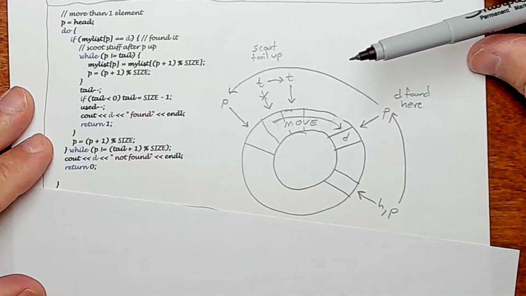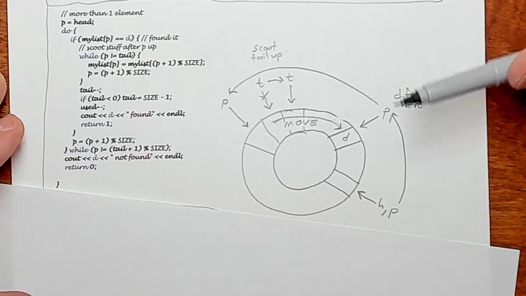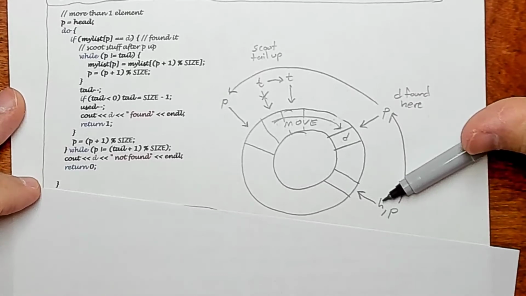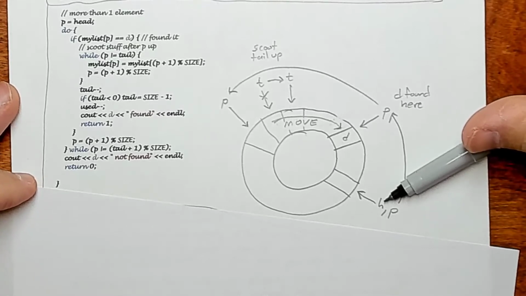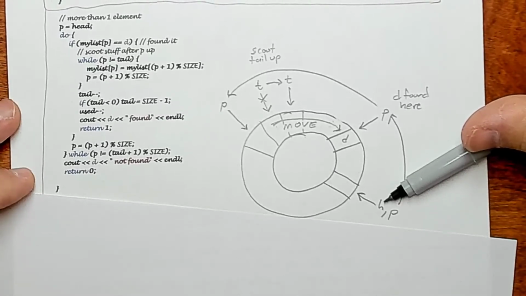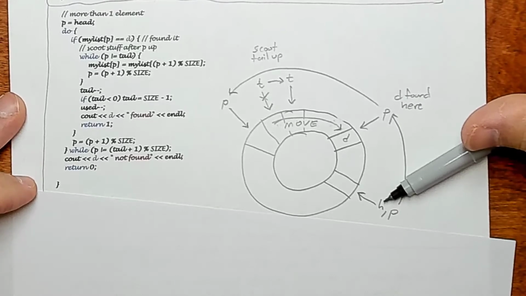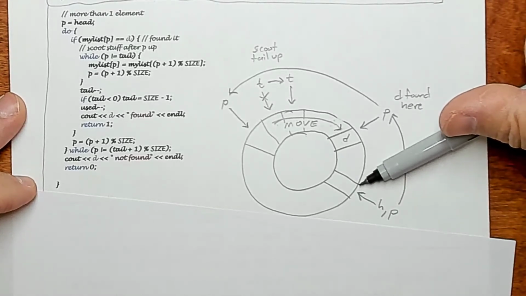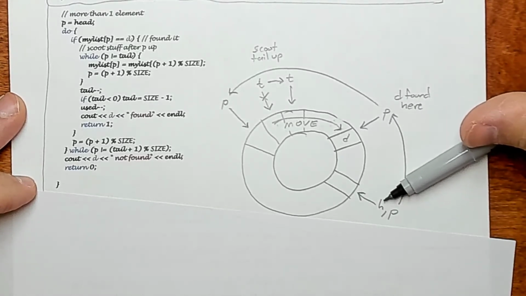All right. So what do we got to do here? We've got the head index, or head pointer, if you will. It's really an index that contains the array index for the start of this list, but sometimes you use the word pointer, even though strictly speaking it's an index.